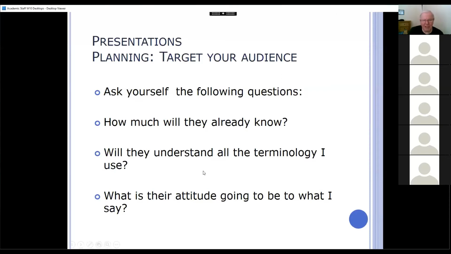This next one's quite an interesting one. Will they understand all the terminology I use? Does everybody know what the term terminology means? Yeah. Is anybody not sure? Okay, well, assume you've got a good idea what we're talking about.